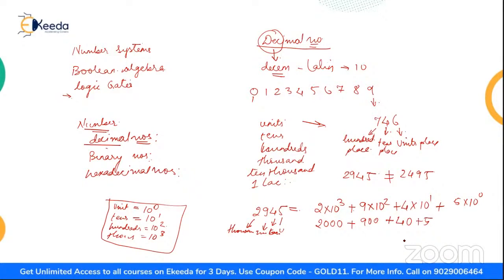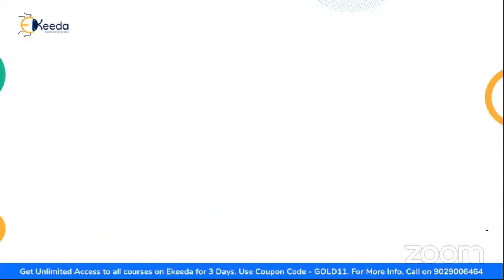You can perform simple addition here: 2000 plus 900 is 2900, plus 40 is 2940, plus 5, so you get 2945. So this is decimal number system. You can represent any number with decimal number system.